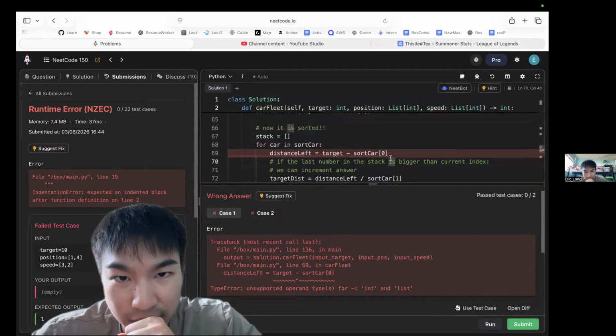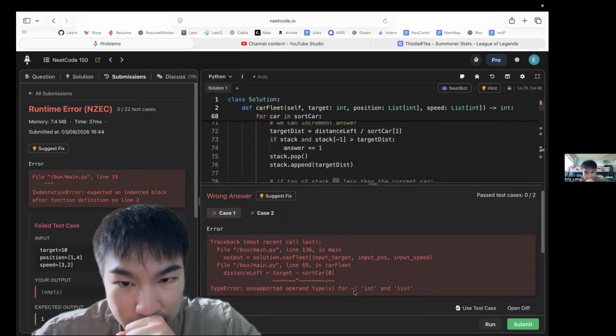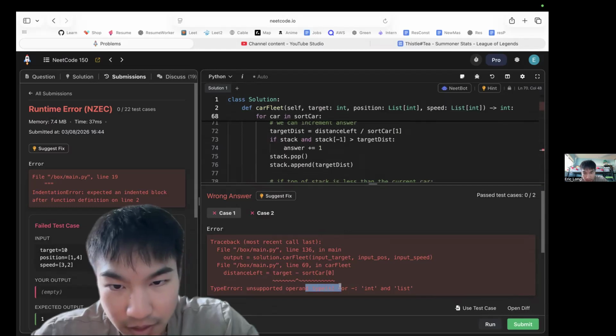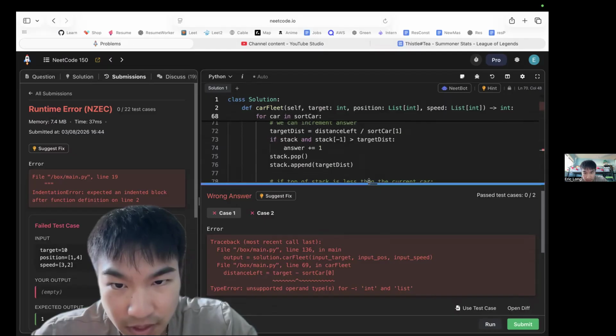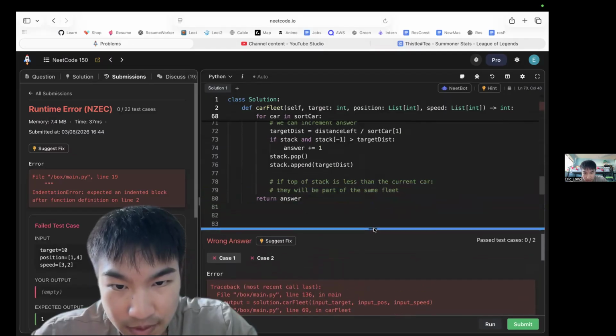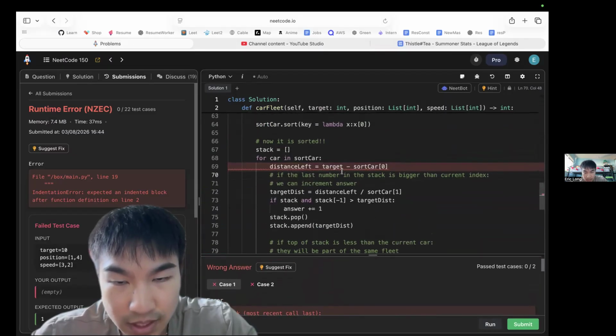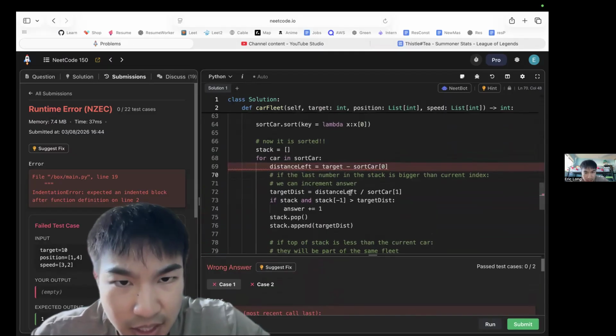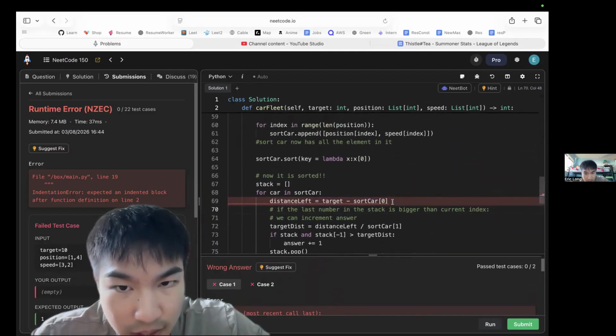Let's see what kind of issue we ran into here. Unsupported operand for minus: int and list. So target minus sort car at 0. Target is an integer, sort car is not an integer.